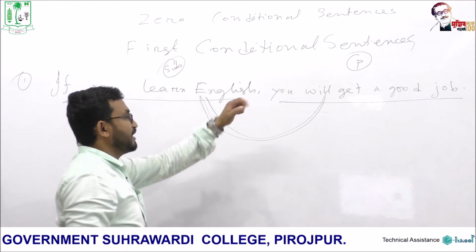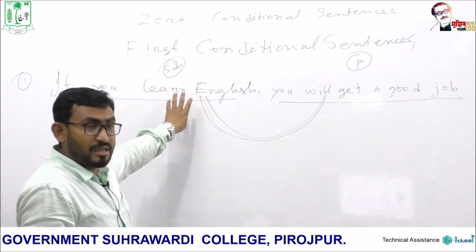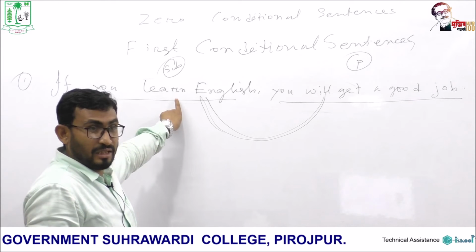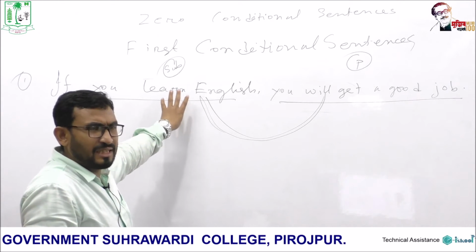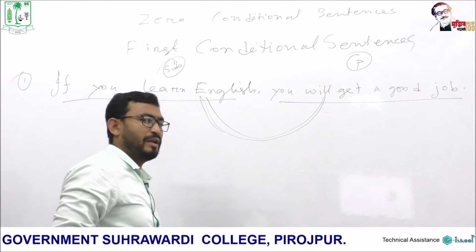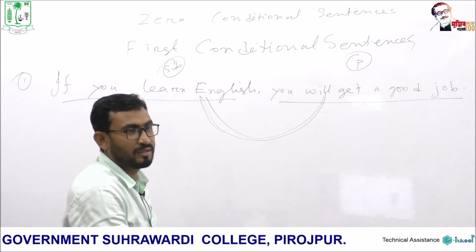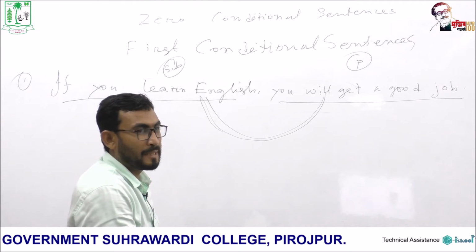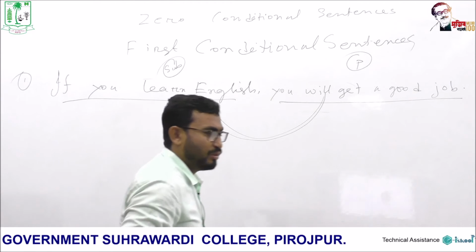subordinate clause and the principal. The subordinate clause or if clause is written in present, that is present indefinite tense, that is present tense. The principal clause has been written in future tense or future probable, we call it.